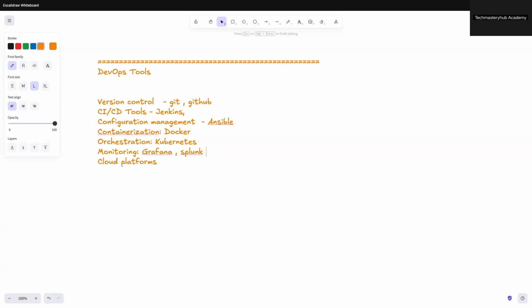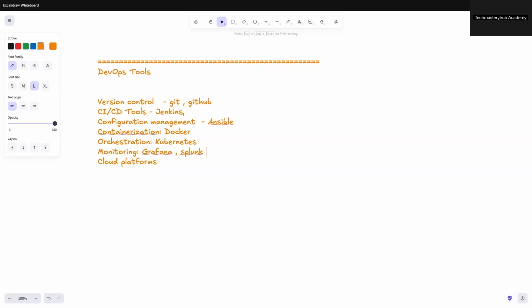These tools monitor logs, errors, CPU usage, application performance, and many more things. For example, if response time increases, it will generate an alert, and that alert will go to the application team. So instead of reacting late, teams can act proactively.